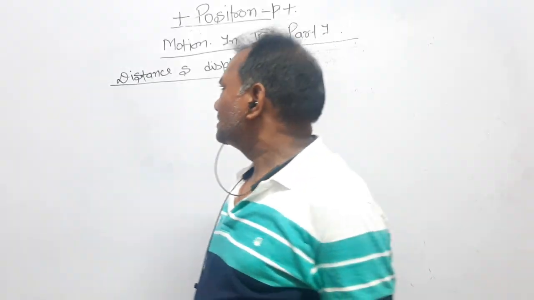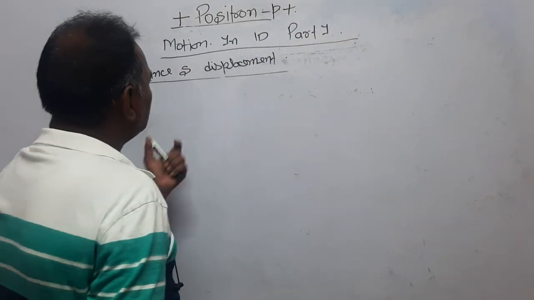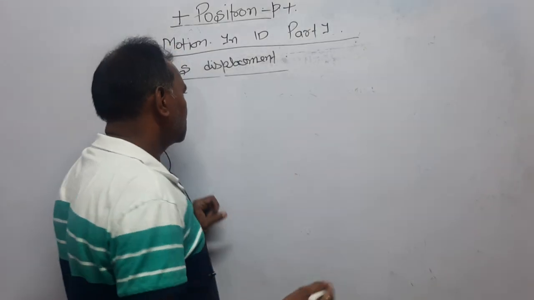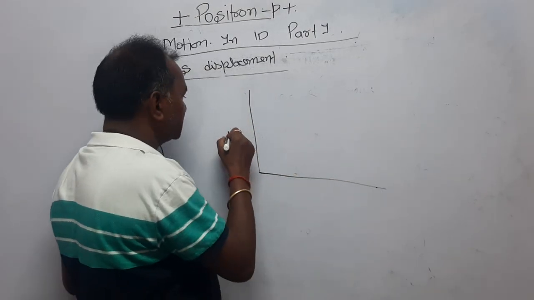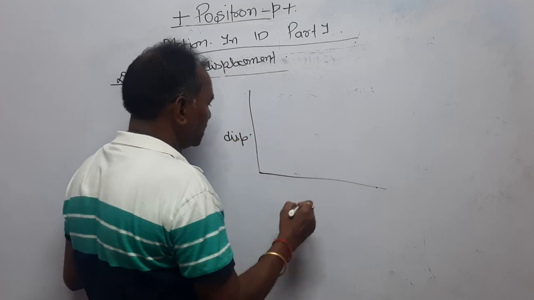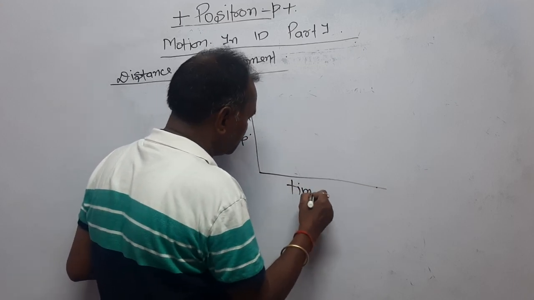There are just some graphs I am discussing here, showing how the graph between displacement and time can show that a body is at rest. Look here, this is a displacement and this is a time graph.